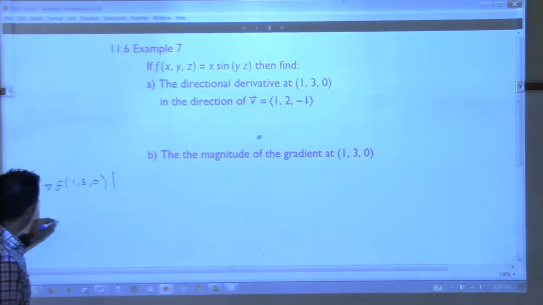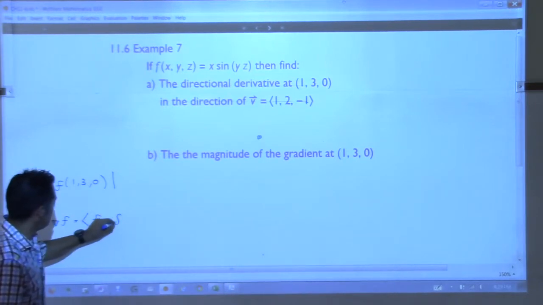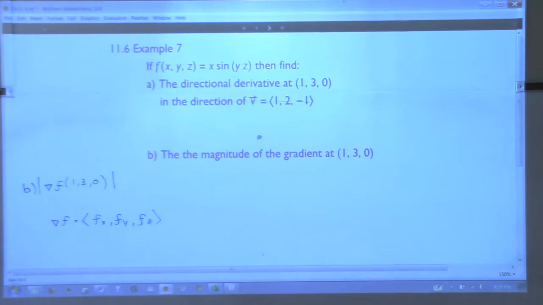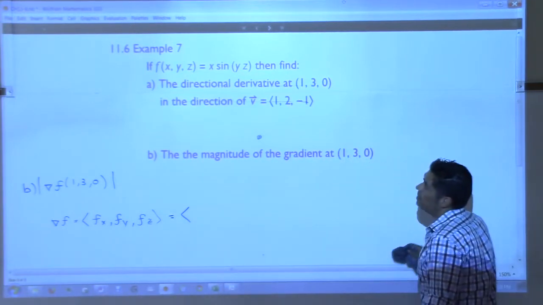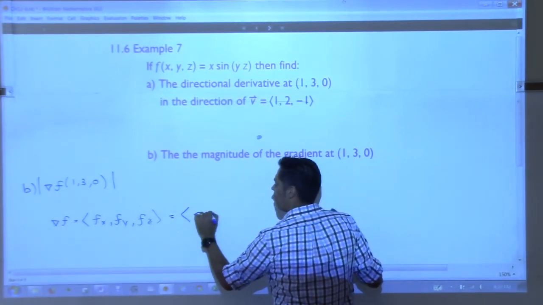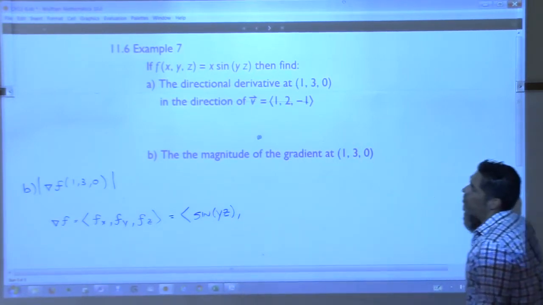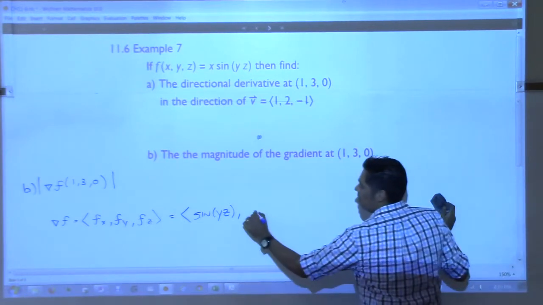So what is the gradient of F? Let's start with that. 3-dimensional this time. What is the partial of F with respect to X? Sine YZ. That's a nice one. Okay, how about the partial of F with respect to Y? That X is just a constant out front, so X. And then what about the sine?